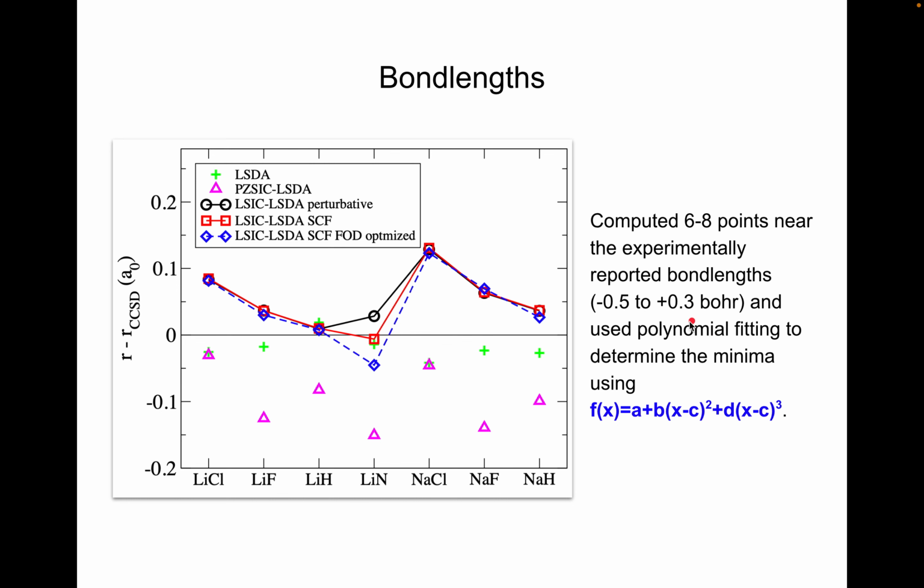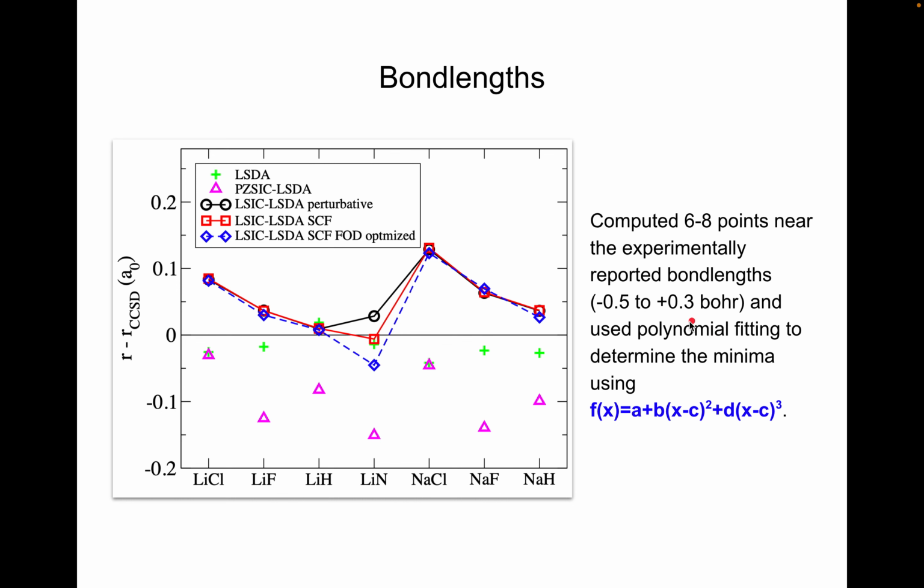I think by including this third-order term, it captures a slight skewness of the curve, and hence it gives a better fit than the parabolic. So we use this function to get the minimum of the energy curve to obtain the bond length.